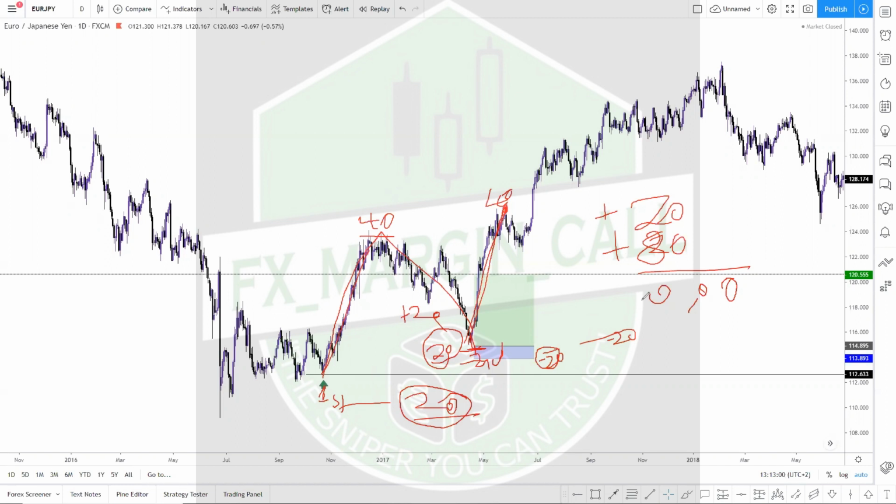Repeat what you just said? I said that at the newest higher high, we have double the amount of money. We have made double the amount that we made on the first trade. So we've got $80 running rather than having just one trade rallying up and giving you $40.